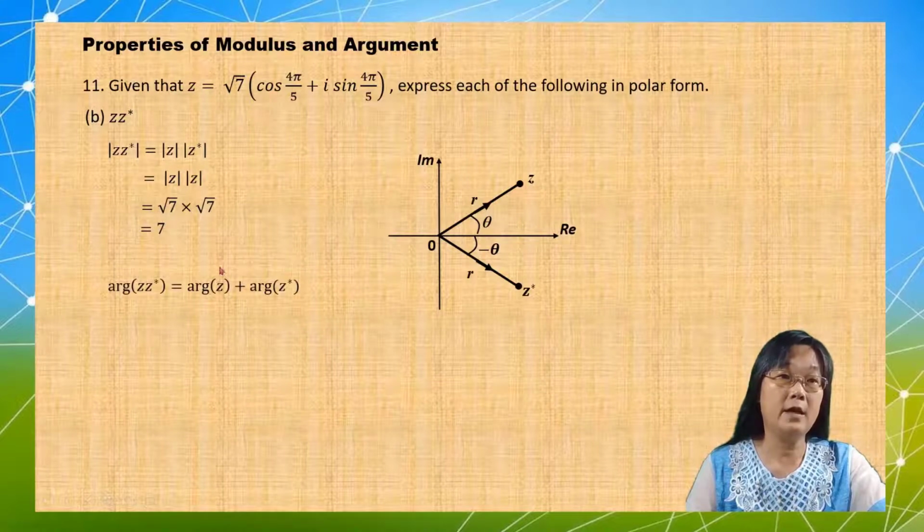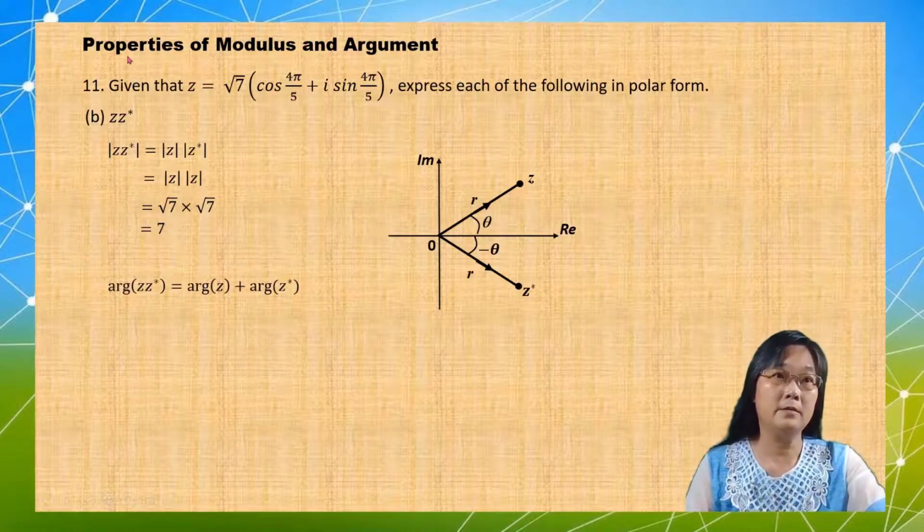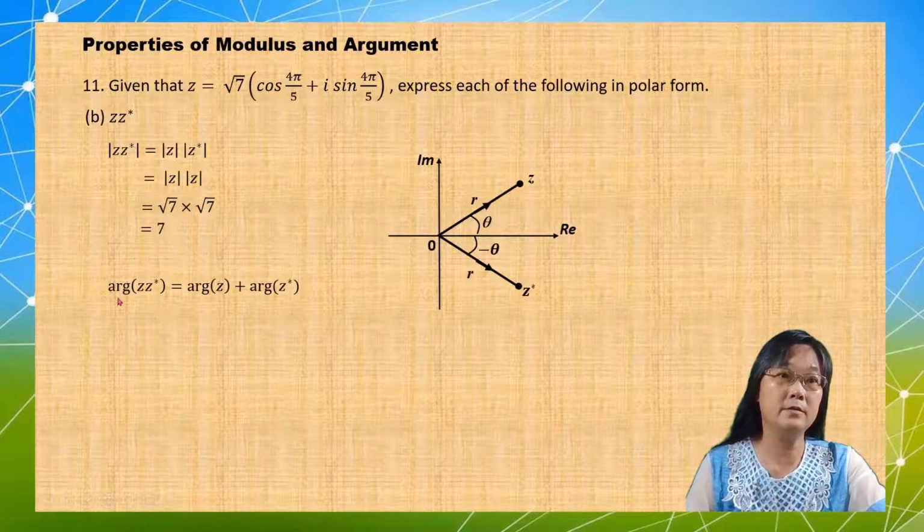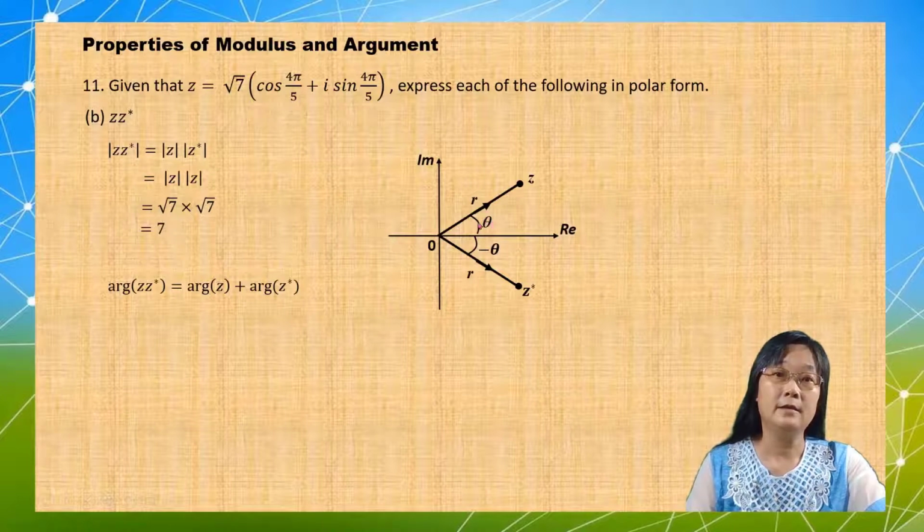Now as for the argument, based on the properties of argument, the argument of z times conjugate z is equal to the argument of z plus the argument of conjugate z. For conjugate z, after reflection we find that the argument is the negative of the argument of z.